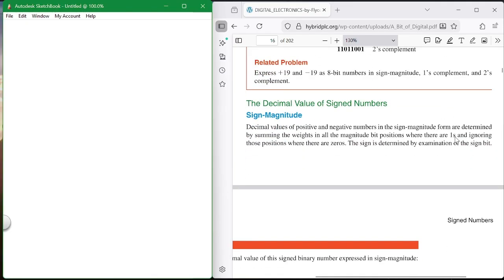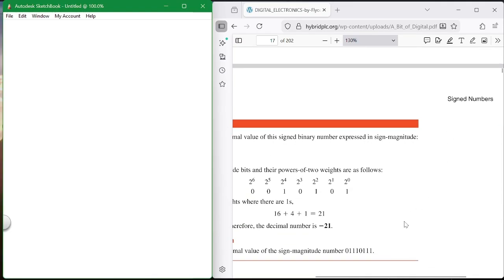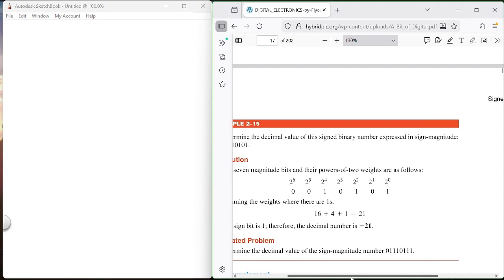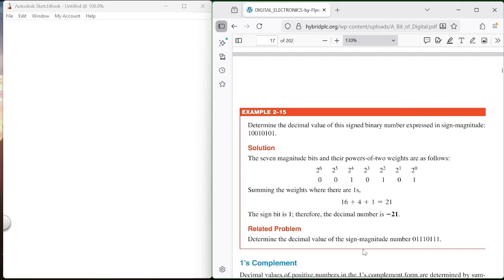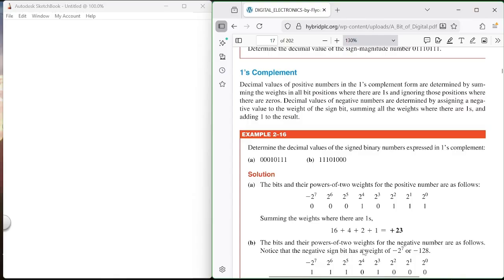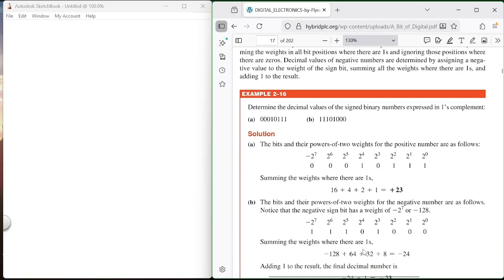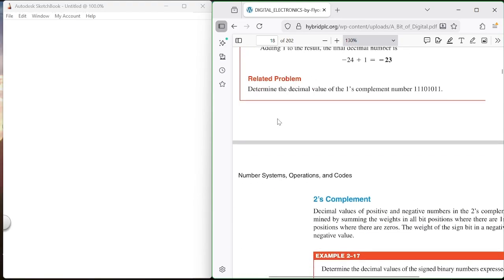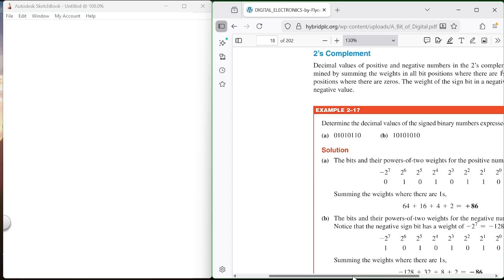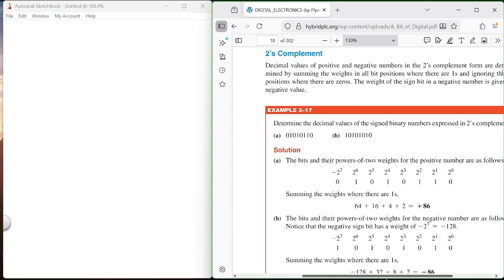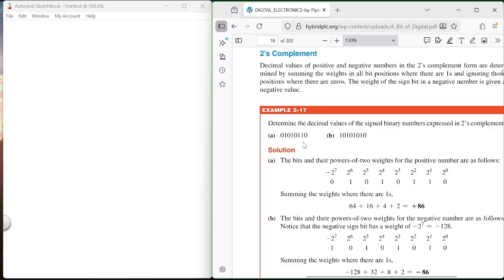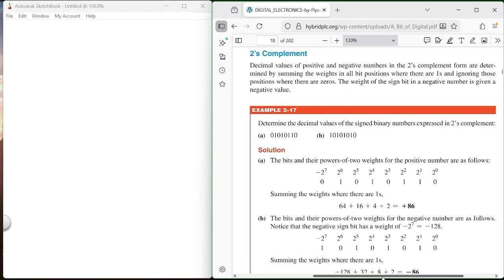Forget about that. This is right here. Nope. This is what we want. We want the 2's complement of a number. All right.